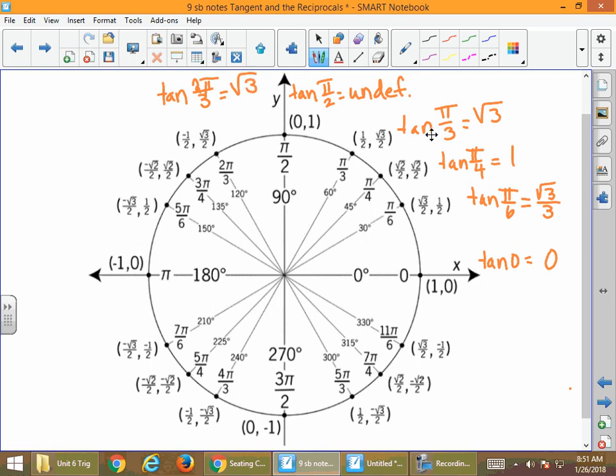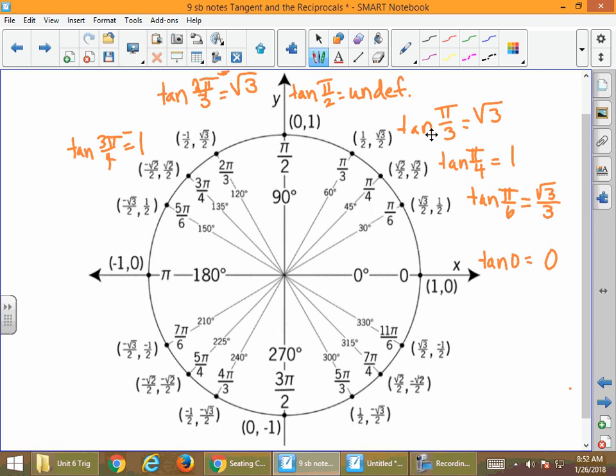But in the second quadrant, which is where we are now, it's going to be negative the square root of 3. And tangent of 3 pi over 4 is 1, except that in the second quadrant, tangent's negative.